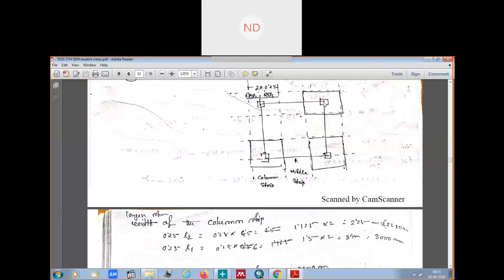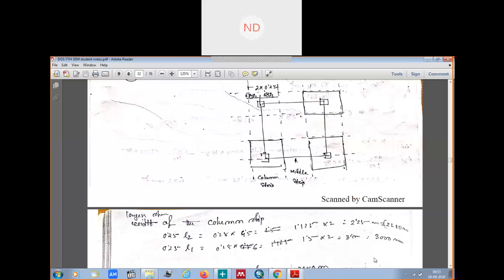This one, 0.25 L2, this distance from the center, that means 1.125 from this side, from center to center, also this side and this side. In a column strip, all the sides are the same. That means the distance of the column strip from the center of the column is the same. If this is 2250, we have to consider the smaller of these two.